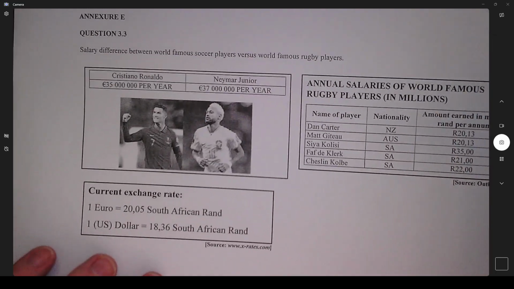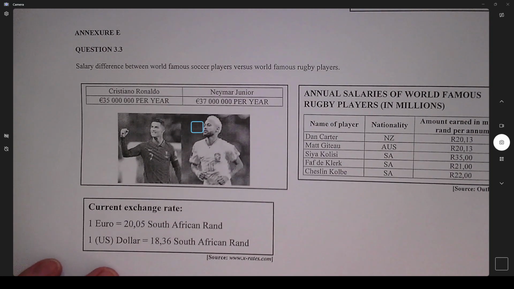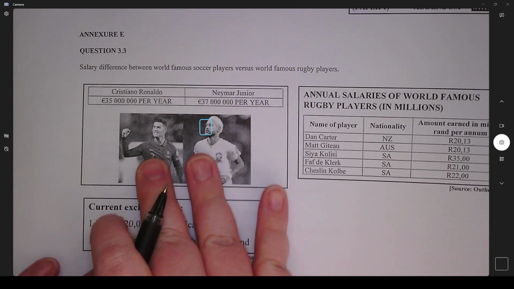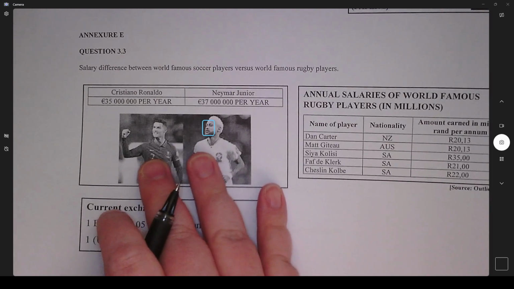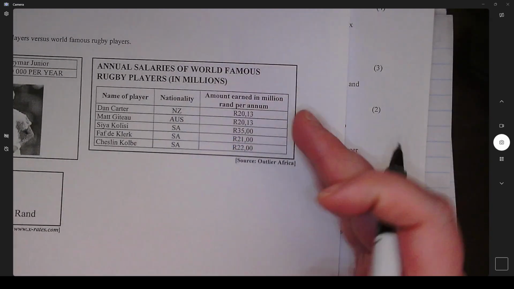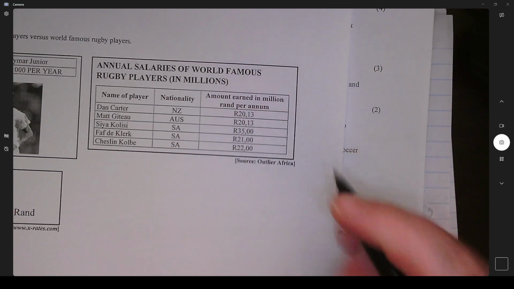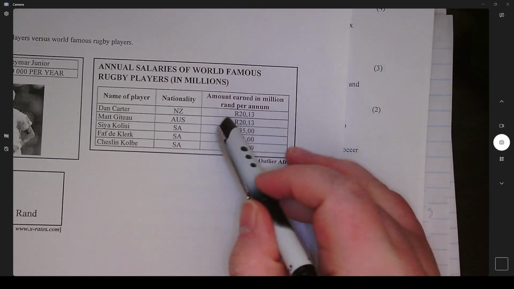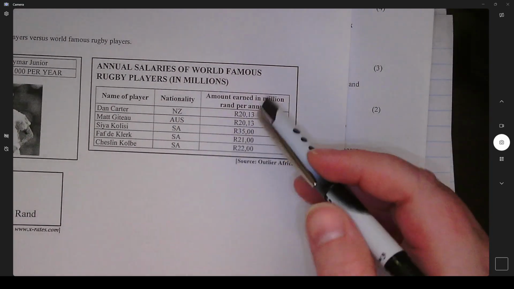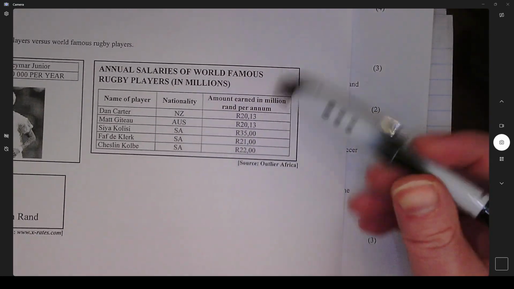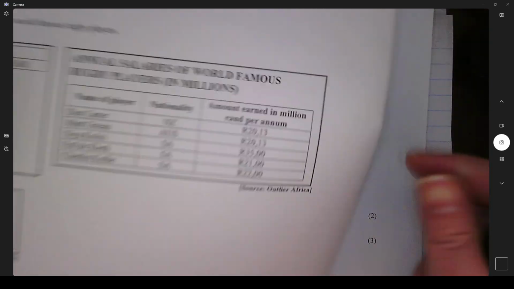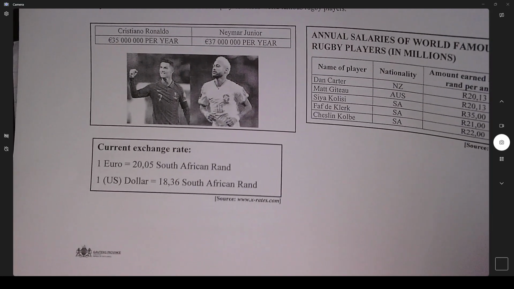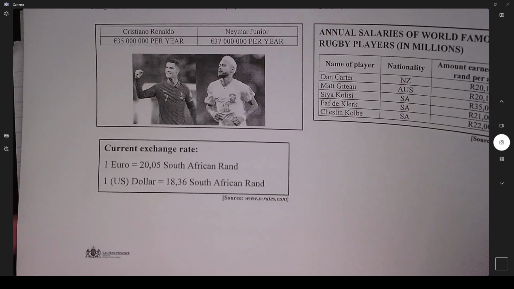We are given this particular one. These two are soccer players. They're paid in euros. And then these are rugby players who are paid this amount million per annum. They give us the exchange rate for euro and South African rand, as well as dollars to South African rand.